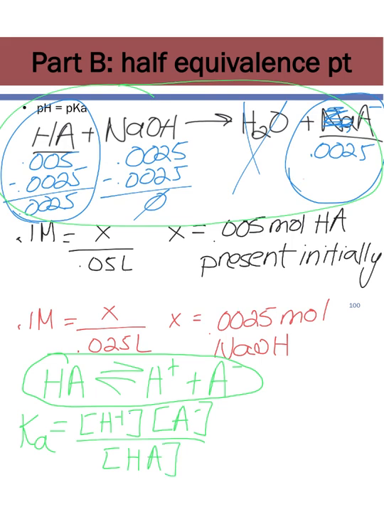We have their moles. We need to figure out their molarities. So we have to take these moles here that we got here, and we've got to convert them back to molarity. And we need to make sure that we take into account the new diluted volume.